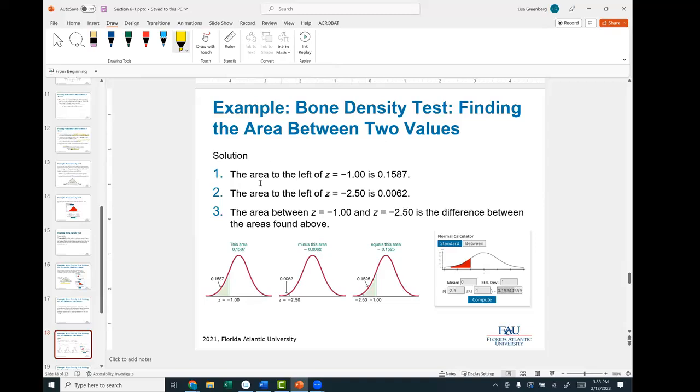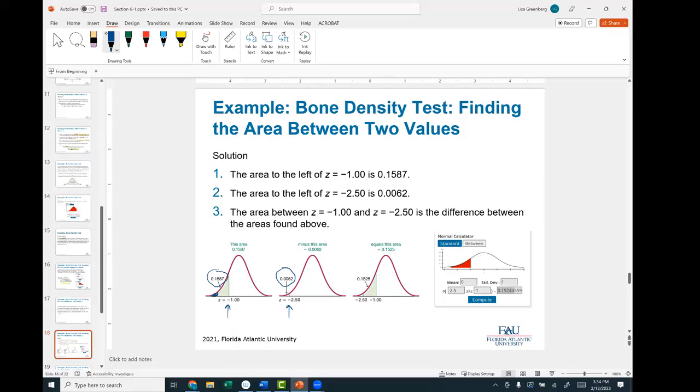Which is exactly what this says. Only if you had the table, what you would have to do is find the area to the left of -1. So you would start with this value. Then you'd find the area to the left of -2.5, and you would have to subtract this area from this area, because this area is going all the way to the end, but I want to take off this little piece here at the end, which is from z equals negative 2.5.